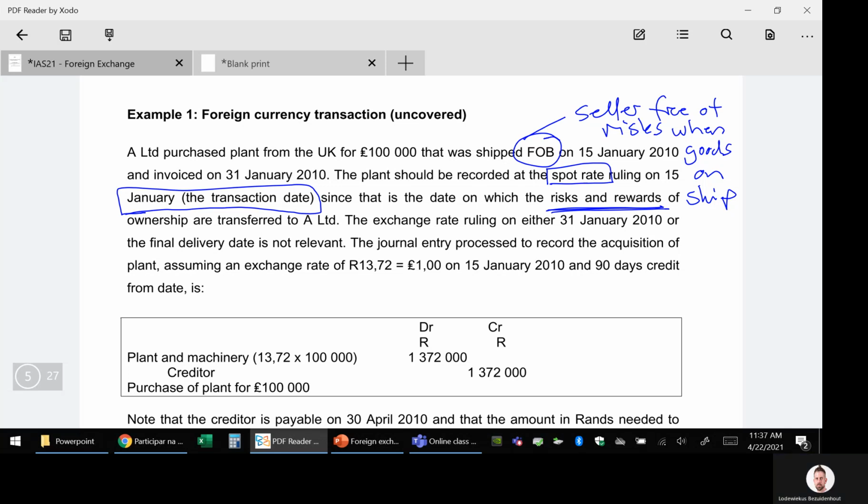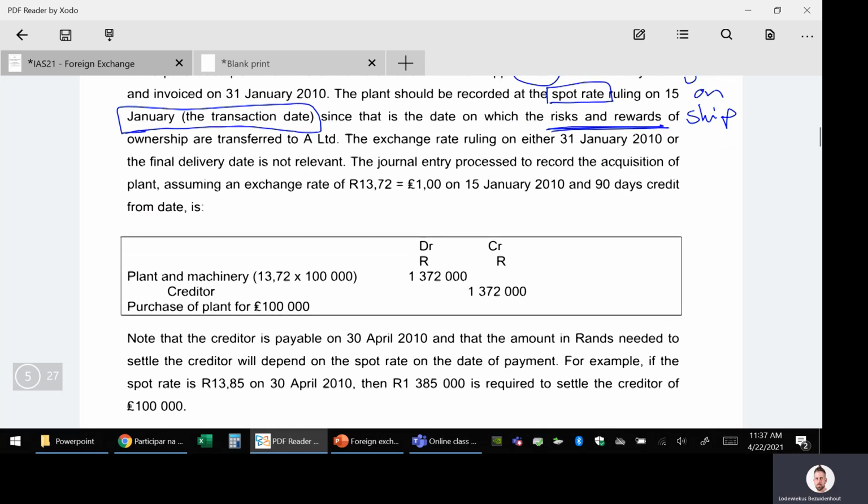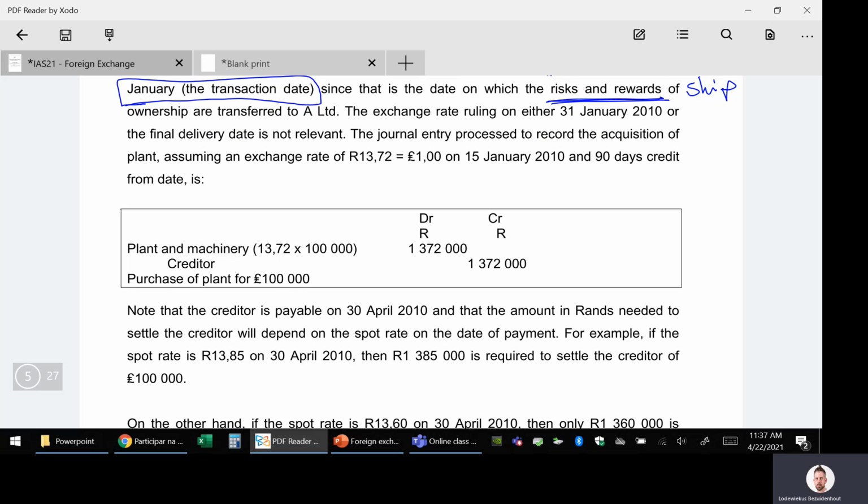The journal we will process for the acquisition of the plant, assuming that the exchange rate is 13 Rand 72 for each pound on the 15th of January, is the following. Remember, we can also say 1 pound is 13 Rand 72.